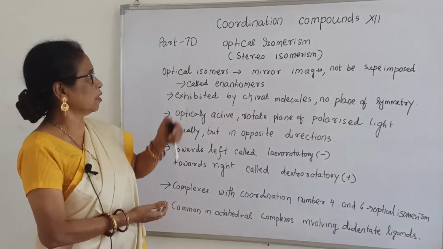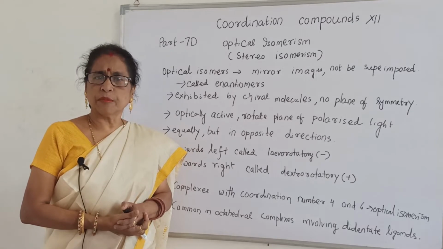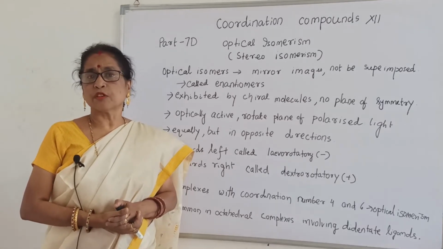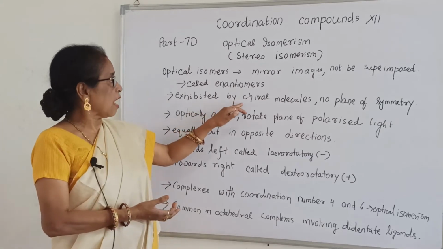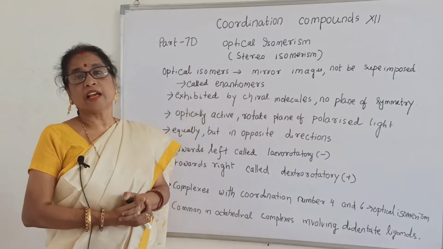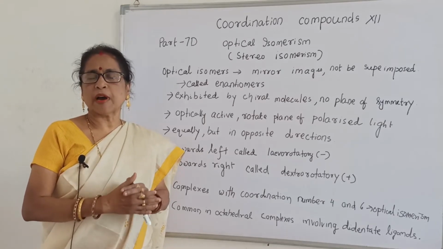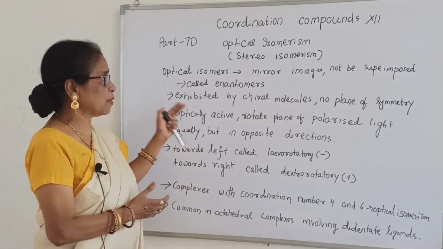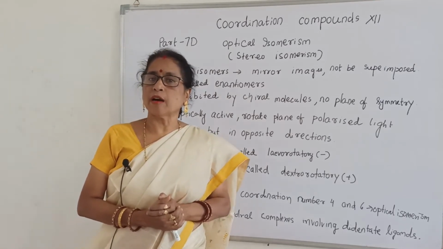Now you can observe this is optical isomerism. Optical isomerism means optical isomers are produced. They are exhibited by chiral molecules. What is meant by a chiral molecule? There is no plane of symmetry.